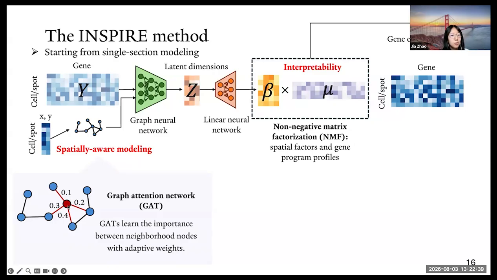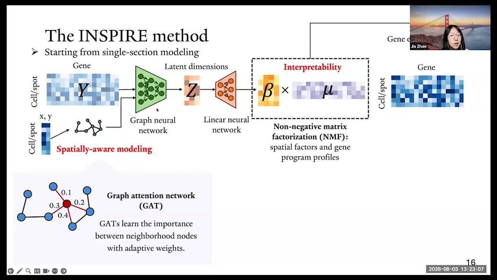We not only want to analyze it independently, but instead we want to understand the communication or importance scores from neighboring cells to it. So we use a graph attention neural network to connect every cell with its neighboring cells and to borrow information across different cells with adaptively learned weights.